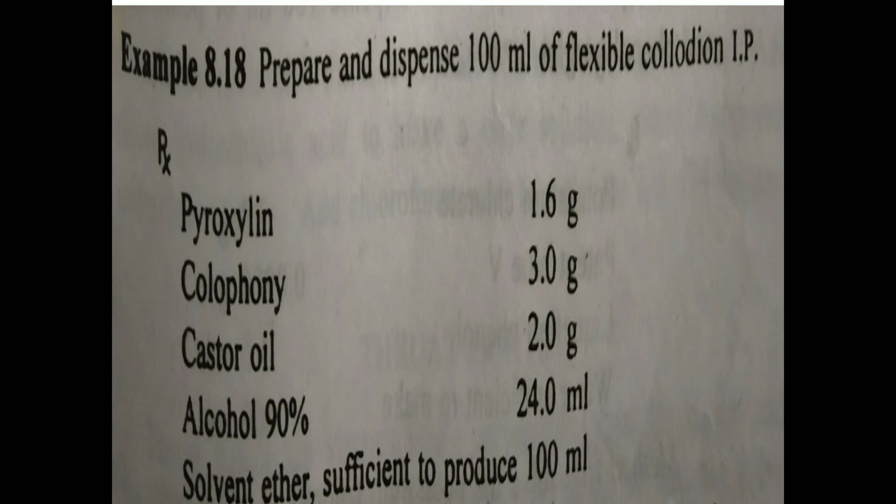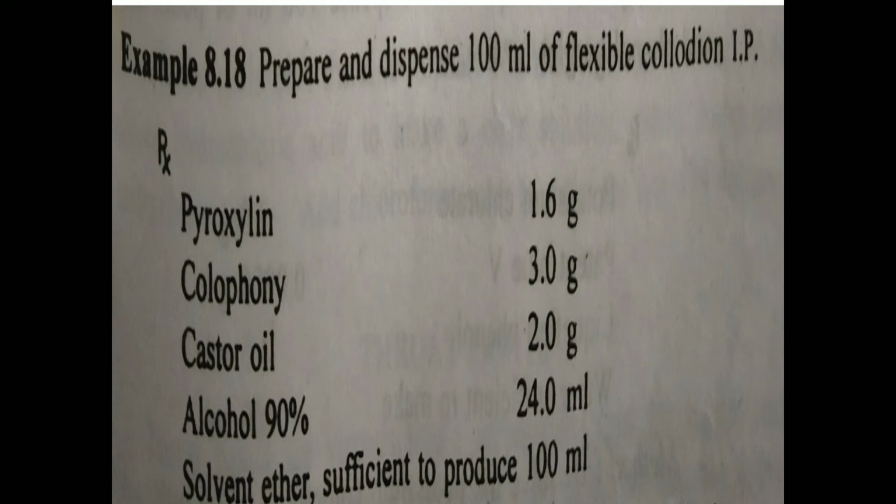Next example: prepare and dispense 100 ml of flexible collodion, Indian Pharmacopoeia. It contains pyroxylin 1.6 grams, colophony 3 grams, castor oil 2 grams, alcohol 90%, and solvent ether up to 100 ml.